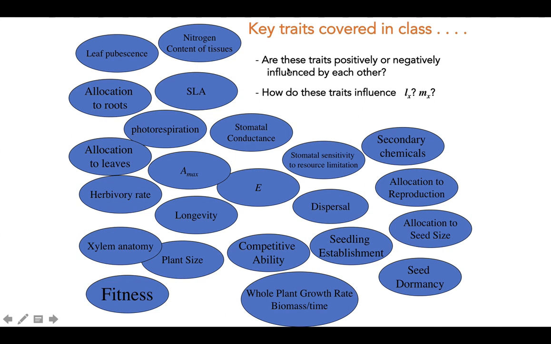I asked you as part of your homework assignment whether these traits are positively or negatively influenced by each other, but also whether these traits influence Lx or Mx. What you should have noted is that many of these are sometimes negatively or positively associated with each other, but also they can have differential impacts on the survivorship and reproductive status of a plant.